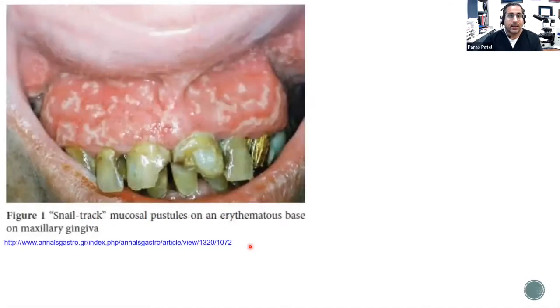Okay. This is a classic example of pyostomatitis vegetans, these kind of snail track, serpiginous-like ulcerations. There's areas of erythema adjacent to it, similar to an appearance that you see with geographic tongue, but these are throughout the mouth here in this individual, and they are painful.